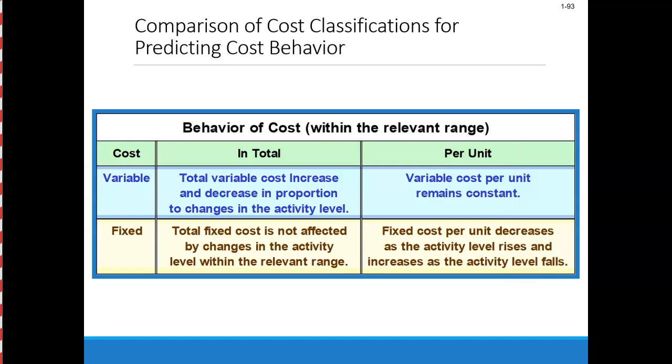Cost behavior within a relevant range. In variable cost, total variable costs increase and decrease in proportion to changes in the activity level. But per unit, they're going to remain constant. Those are variable costs. Fixed costs in total will remain constant, but per unit, those fixed costs are going to decrease as the activity level rises, and it increases as the activity level falls. It makes sense.